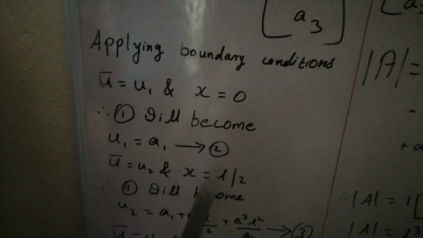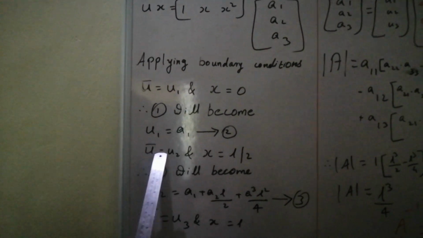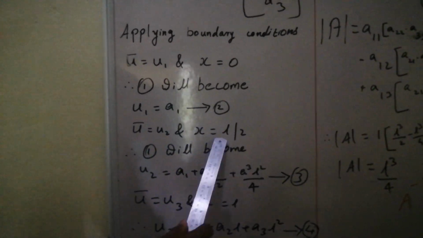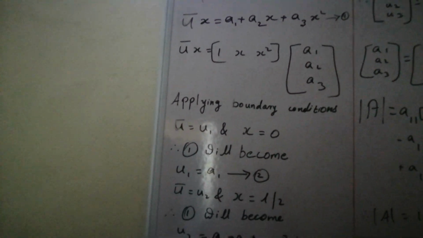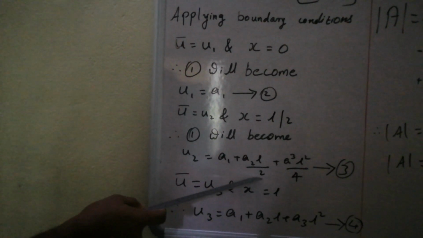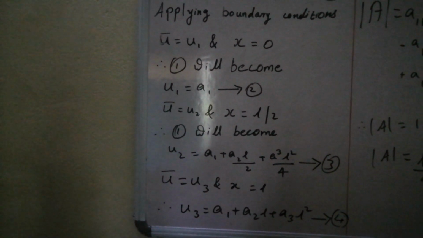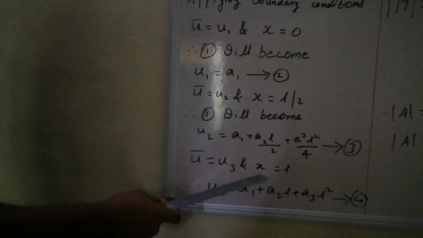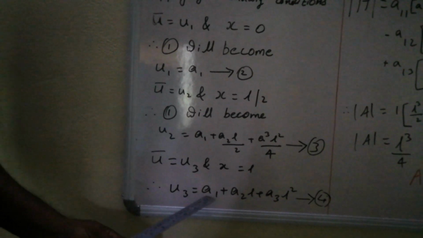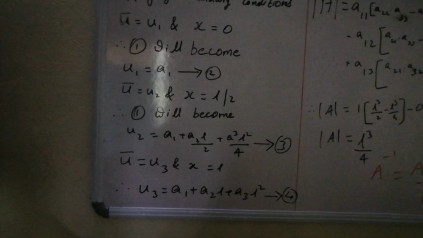Now we apply the second boundary condition, u bar equal to u2 at x equal to L by 2, and it comes as u2 equal to a1 plus a2 L by 2 plus a3 L square by 4. Similarly, applying the last boundary condition, u bar equal to u3 at x equal to L, we get u3 equal to a1 plus a2L plus a3L square.